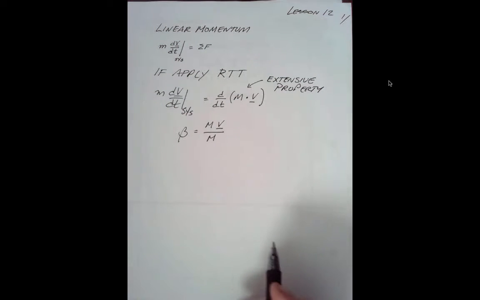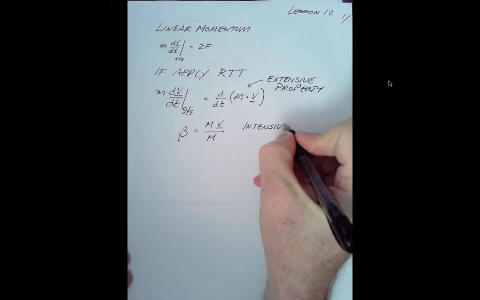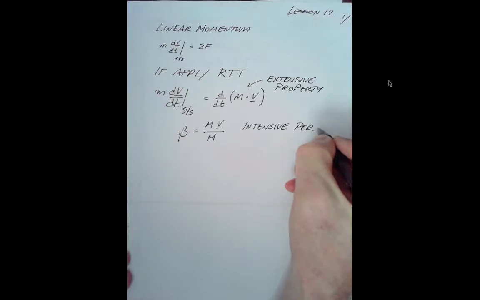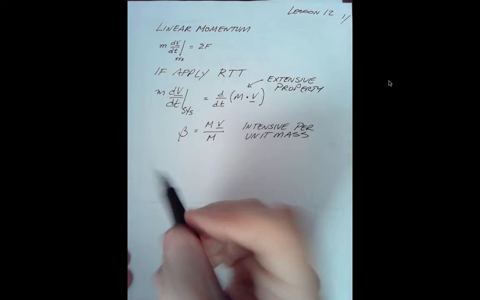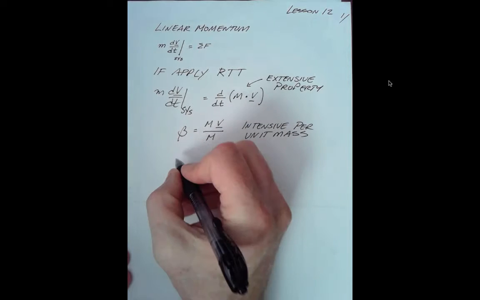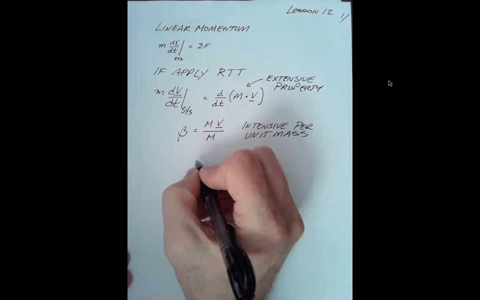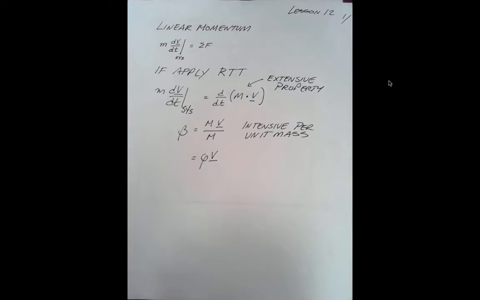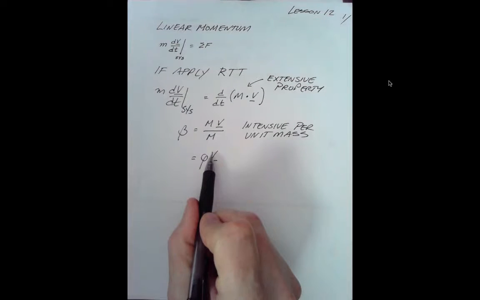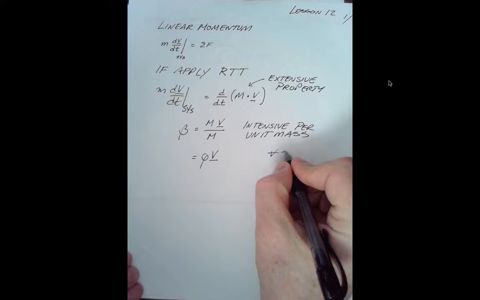So that's the intensive property per unit mass. So mv is momentum, so that's the intensive momentum per unit mass. And per unit volume, we have it as equal to rho times velocity. Now here's where my notation matters, because now we have v as a velocity and that v is a volume.